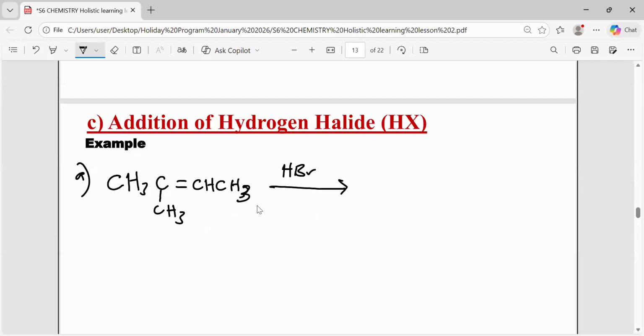Okay, before we name it, can you give me the product? Just read for me. CH3. Let's be fast because of time. Okay. CH3, the other methyl group.